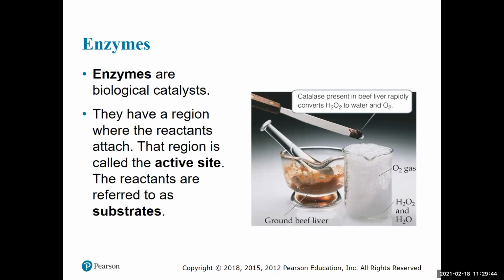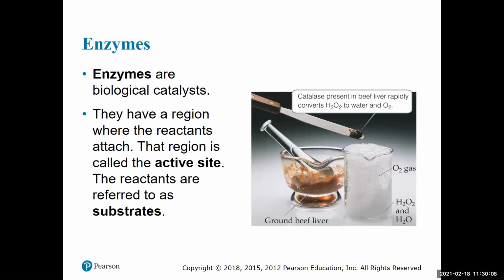Okay, we have a lot of biology types here at Webster, so let's talk about the biological catalyst, and that's where we're talking about enzymes. Enzymes are usually pretty good sized molecules, and so they have regions where the reactants can attach to them.